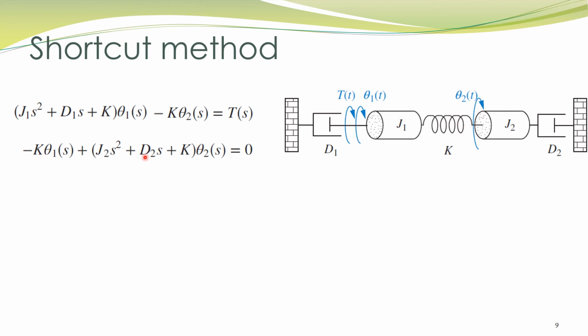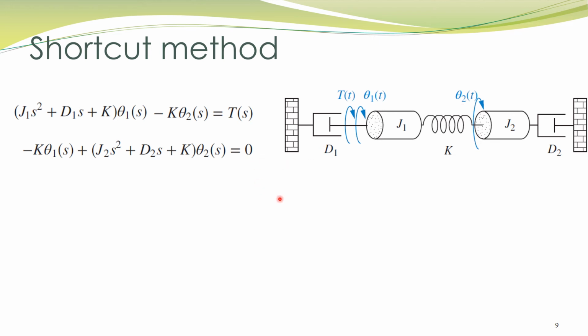So this term plus theta 1 of s multiplied by a negative sign and the sum of impedances which are common between displacements theta 1 and theta 2. The right hand side is the sum of externally applied torques to displacement theta 2. There is no external torque applied to this displacement, so the right hand side is equal to 0.